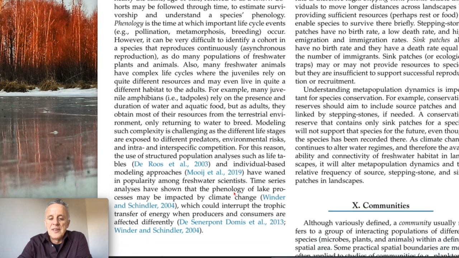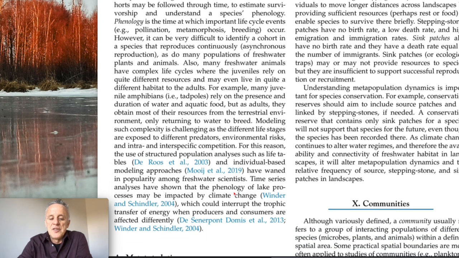Modeling such complexity is challenging, as the different life stages are exposed to different predators, environmental risk, and intra- and interspecific competition. For this reason, the use of structured population analysis, such as life tables and individual-based modeling approaches, have waned in popularity among freshwater scientists.